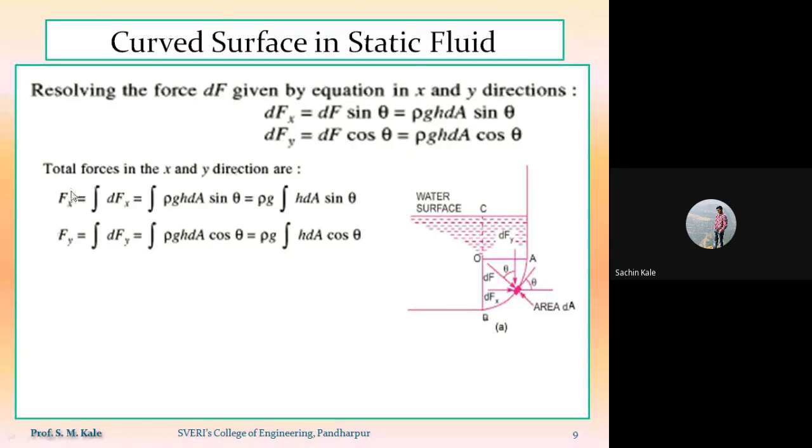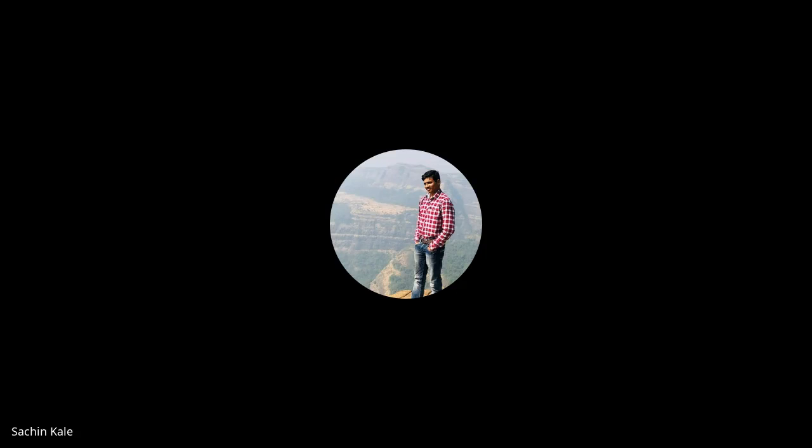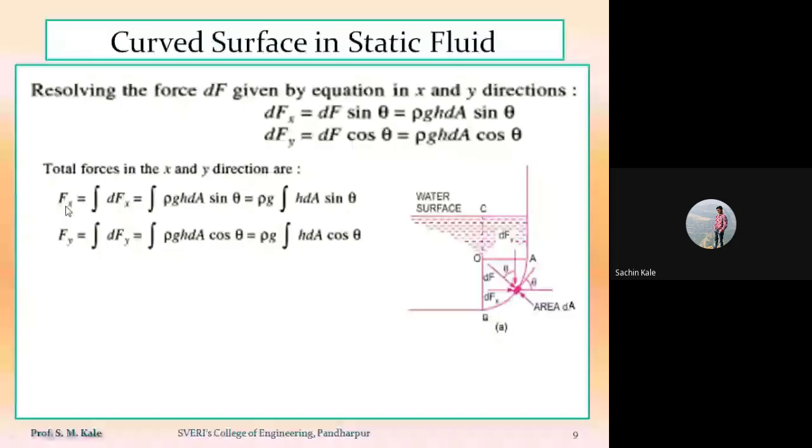So here this is nothing but the value of Fx, this is nothing but the value of Fy. आणि Fx आणि Fy ची व्हॅल्यू कॅल्क्युलेट केल्यानंतर, जर मला रिझल्टंट फोर्स ऍक्टिंग ऑन अ एंटायर कर्व सरफेस कॅल्क्युलेट करायचा असेल, तर तो रिझल्टंट फोर्स F म्हणजे काय असणार आहे, अंडरस्क्वेअर ऑफ Fx स्क्वेअर प्लस Fy स्क्वेअर.